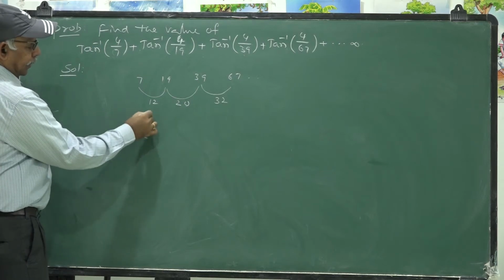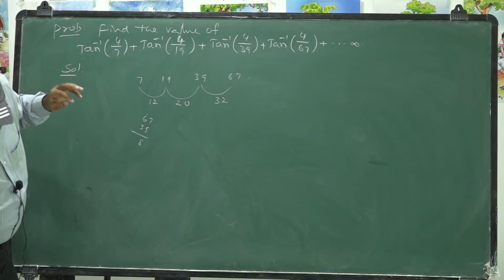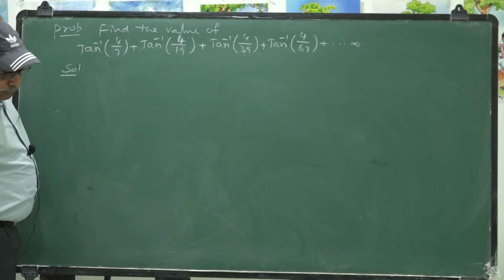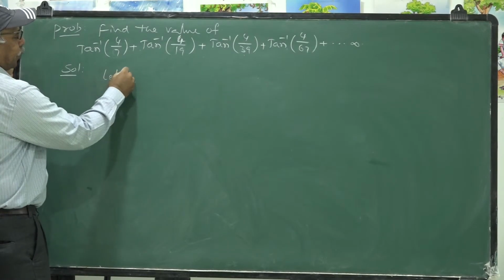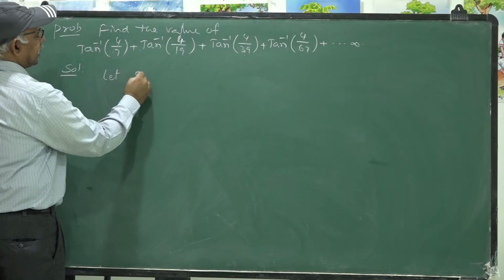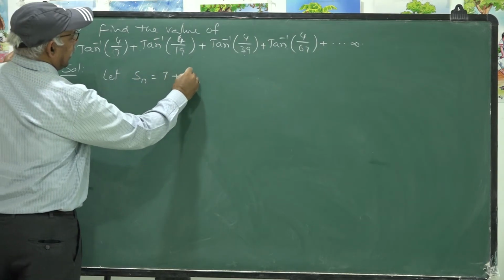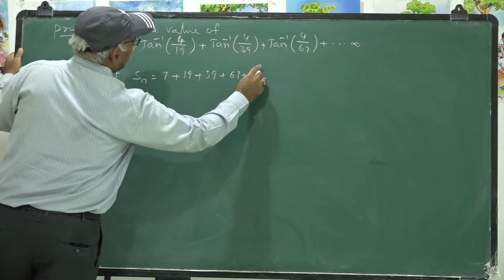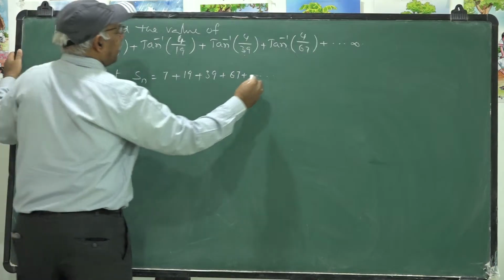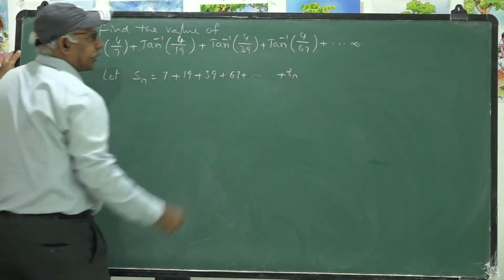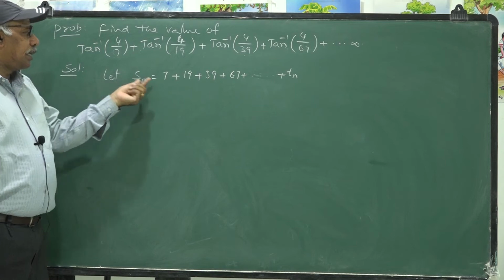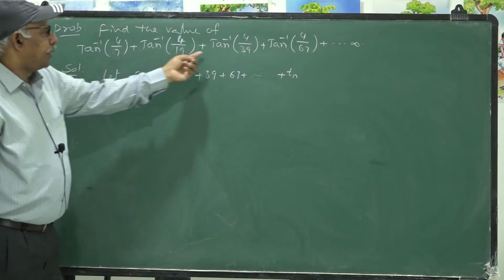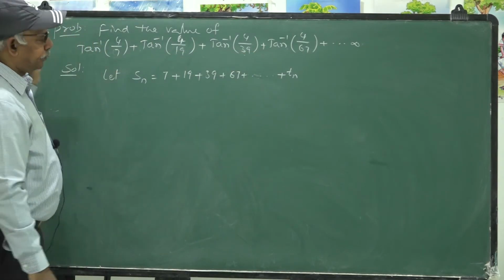To get the nth term of the series, let Sn be the sum of the denominators up to n terms: 7 plus 19 plus 39 plus 67 and so on, up to Tn.